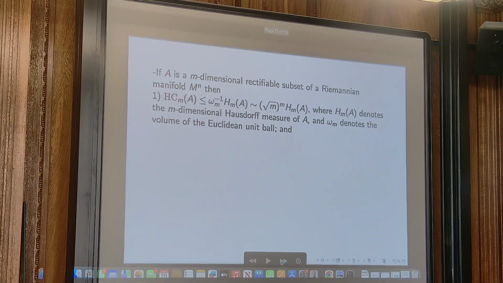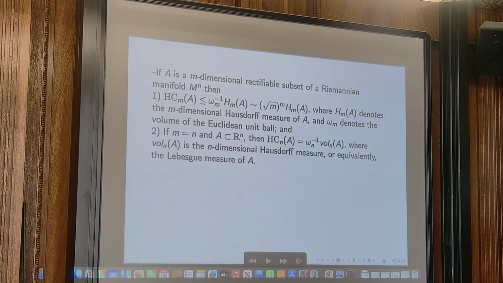And so here is a comparison with Hausdorff measure. Because it scales differently, and because when we define Hausdorff content we don't impose so many restrictions on the radii of the balls, they don't need to be small, we have this inequality, and we see that if we take the linearized quantity HCm to the power 1 over m and compare it with Hausdorff measure to the power 1 over m, they will differ by a factor of square root of m.